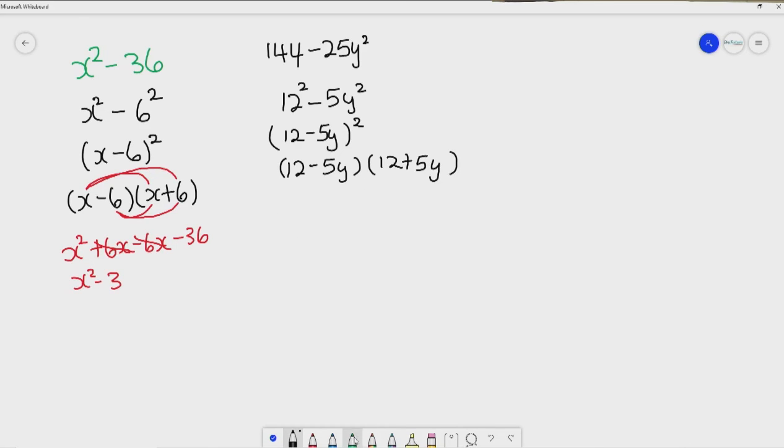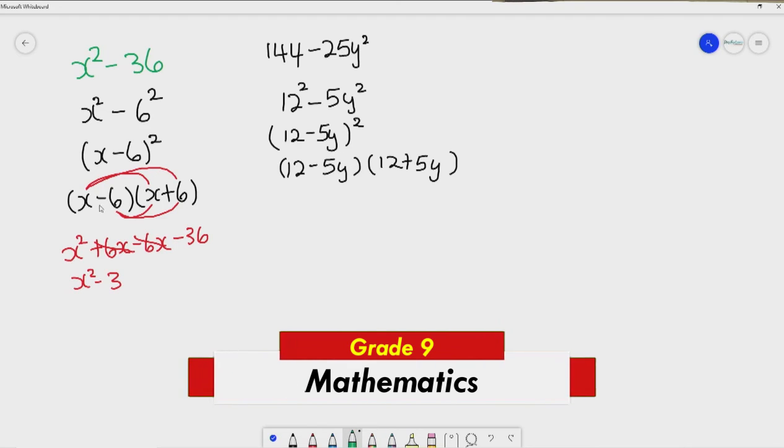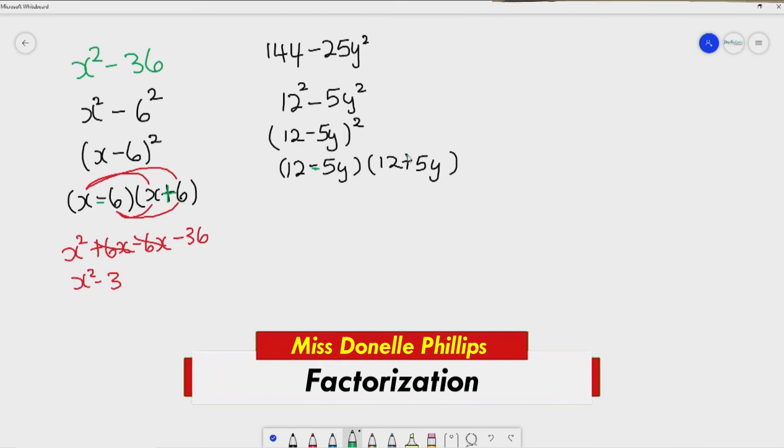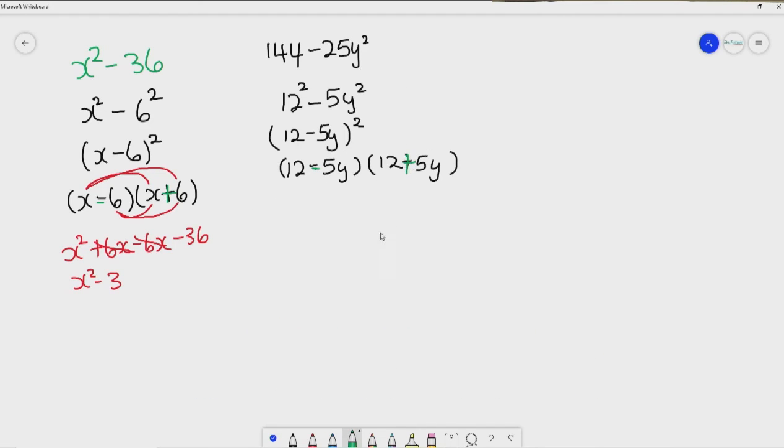Now you need to be careful with the signs in the first and the second bracket. In the first bracket, the sign is always a subtraction sign, and in the second bracket, it's always an addition. That is the only way that when you multiply, you're going to get back what you started with.